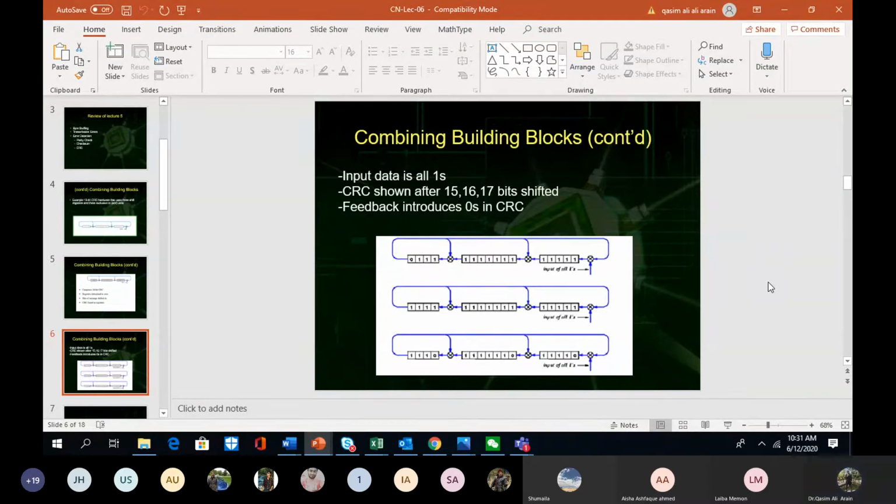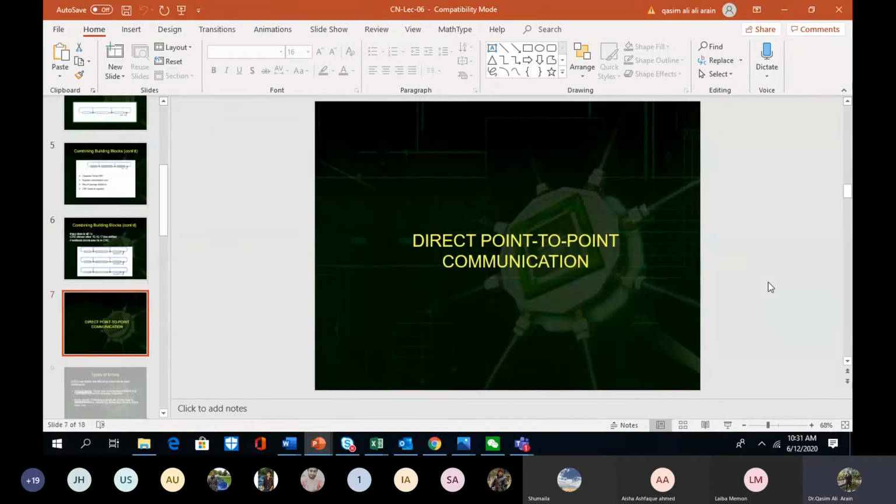But if there is some issue with the two values, I mean the sender and the receiver CRC, this means that your data has been modified. There is some error inside your data. So this is how your cyclic redundancy check hardware works at both the ends. I mean at the sender's end as well as at the receiver's end.